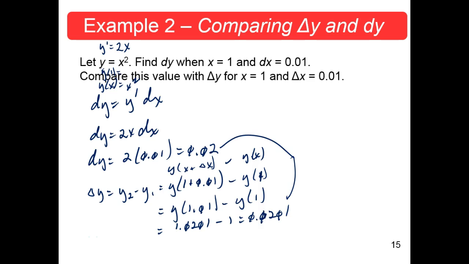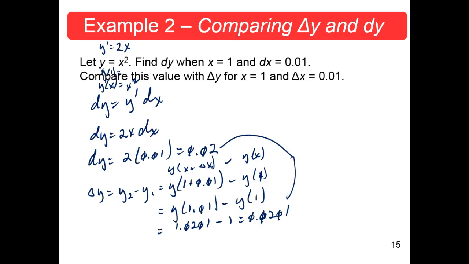Your dy, which is your 2x dx, was 0.02. Your actual change of y was the difference, y of x plus delta x minus y of x, and that was this. So the difference there is 1 part in 10,000, okay? Not far off. All right, good deal.